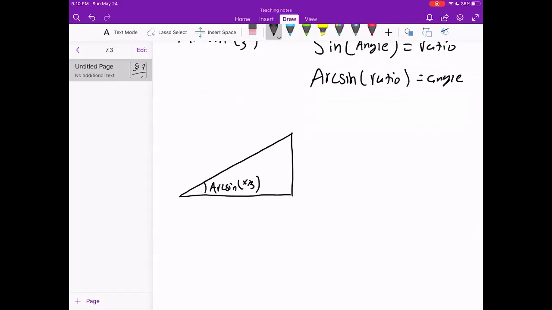Two of them I can do. So we know that arc sine and sine are inverse functions. If I look at the sine of the arc sine of x over 3, this is just going to be x over 3.